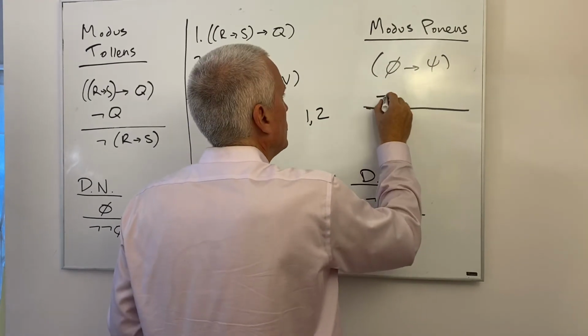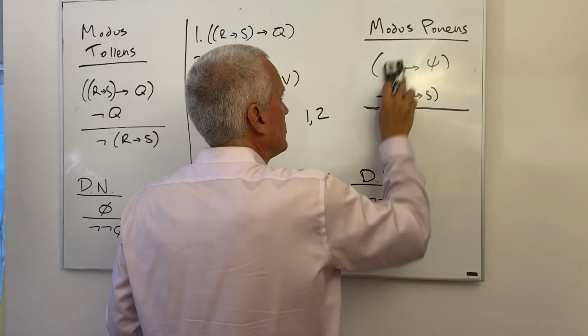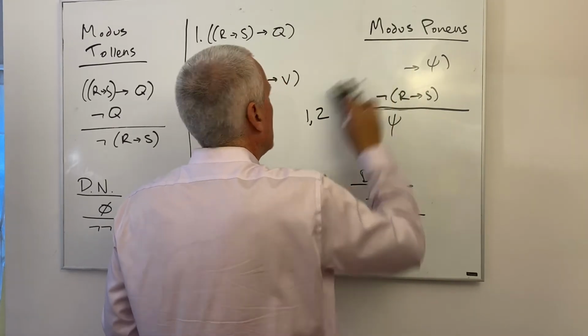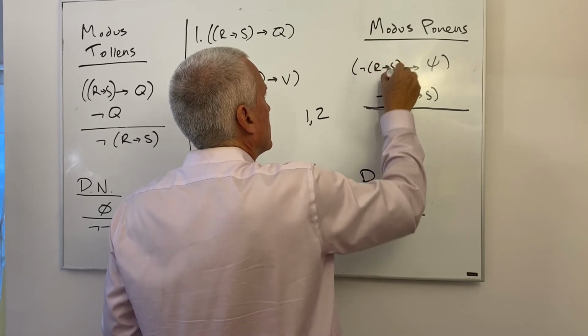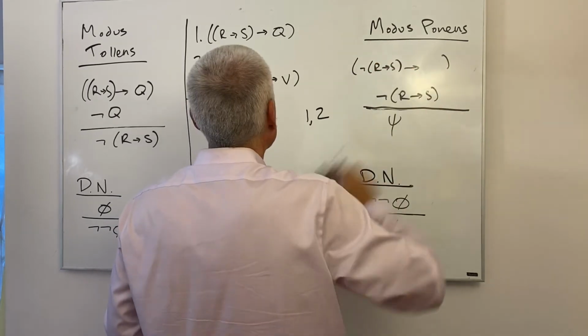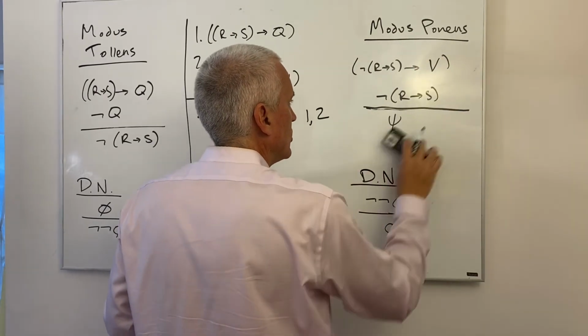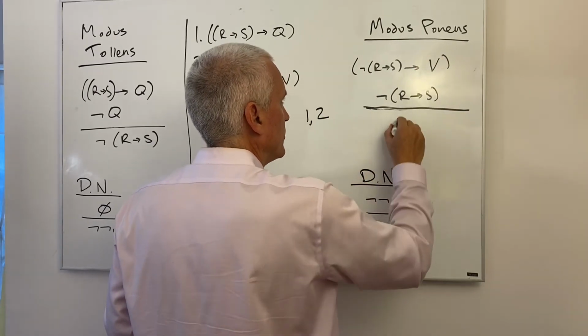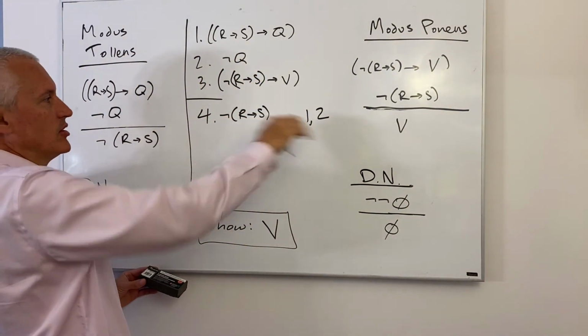If I knew that it's not the case that R arrow S, then I would know that if not R arrow S implies V, we should be able to assert V. So even though it's a bit complicated, that's still just an instance of modus ponens.